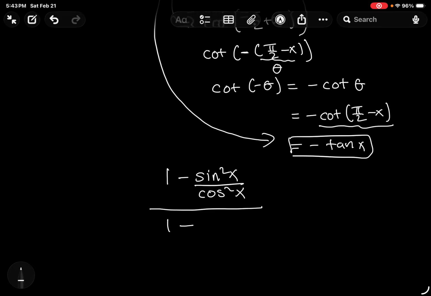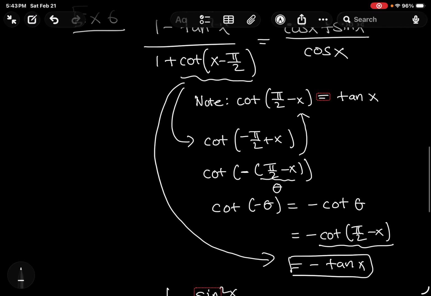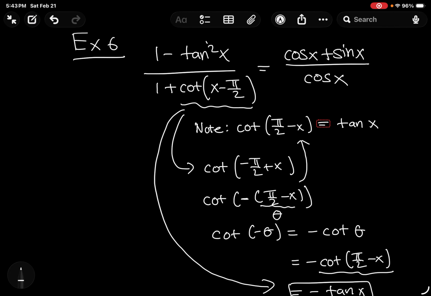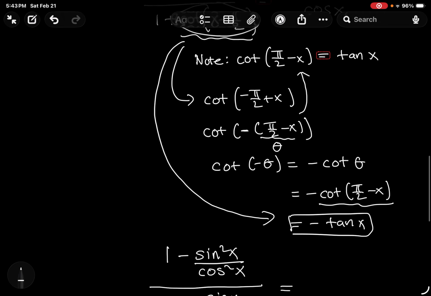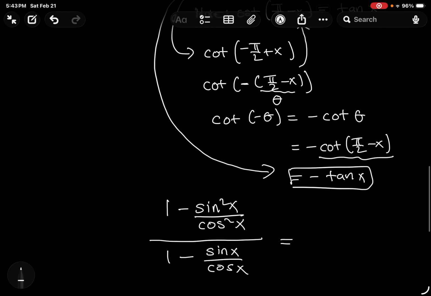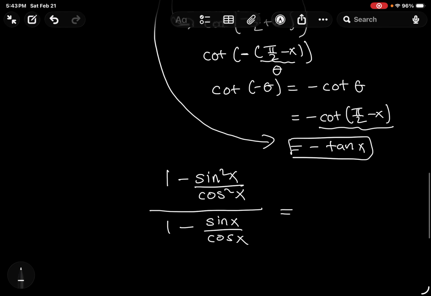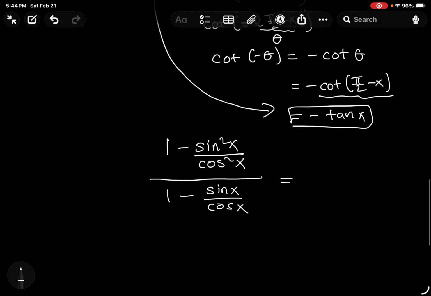Now, tangent x is just sine x over cosine x. Just convince yourself that what I've done so far is this sine squared x over cosine squared x. And then cotangent of x minus pi over 2, I went through that process to prove to you that it's negative tan x, and negative tan x is just negative sine x over cosine x.